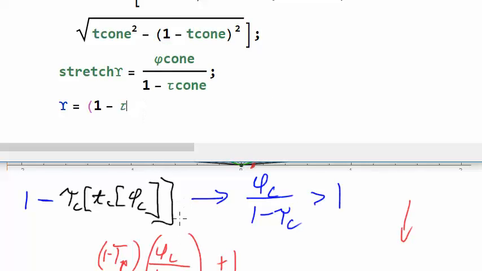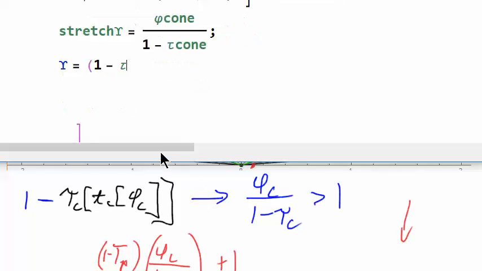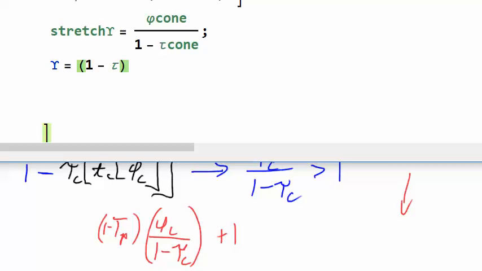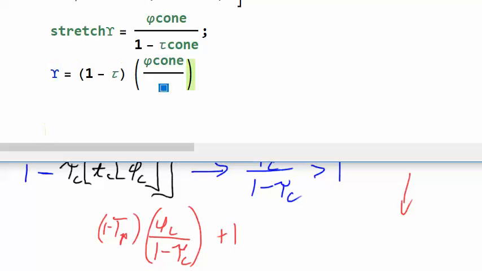And we're going to multiply that tau by 1 minus tau times escape c cone divided by 1 minus tau cone.